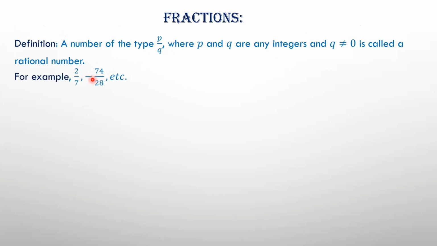For example, 2 upon 7, minus 74 upon 28, 3 upon 19, 17 upon 64, etc. Note that every integer is a rational number. Suppose 5. 5 is an integer, but we can write 5 as 5 upon 1. So every integer is a rational number.